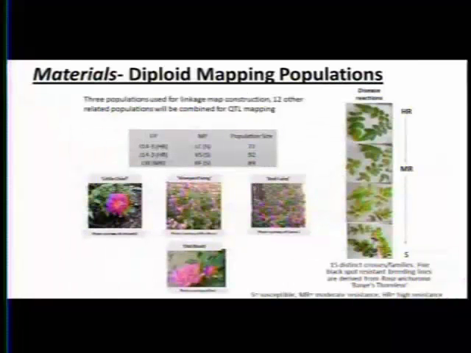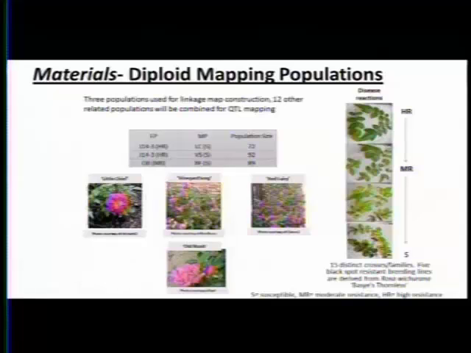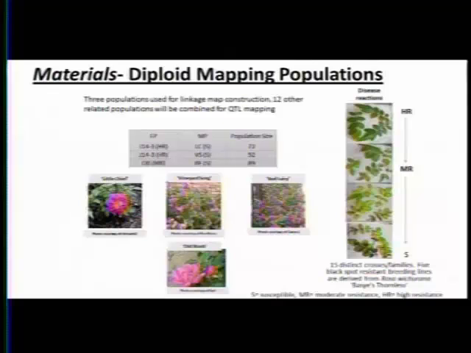Before we start to map the QTL, the first step is to create a consensus map for our germplasm. All the mapping materials we're using are diploid. Due to the interspecific nature of roses and their high heterozygosity, fertility and germination can vary among materials, so our population sizes are pretty small.